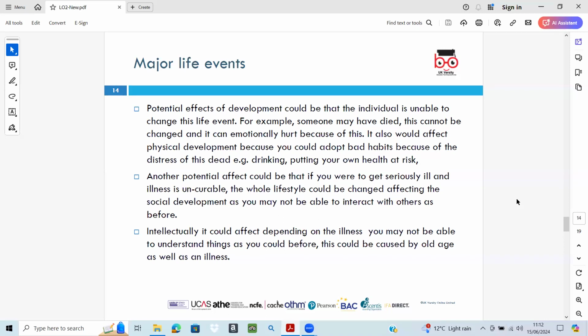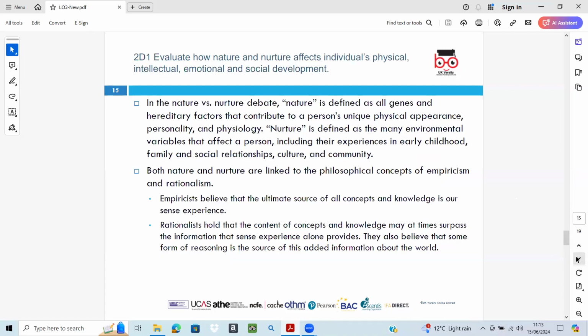Also, it impacts social interaction. As individuals age, social interaction may change, reducing opportunities for engagement and interaction with others. So these all are the important aspects.